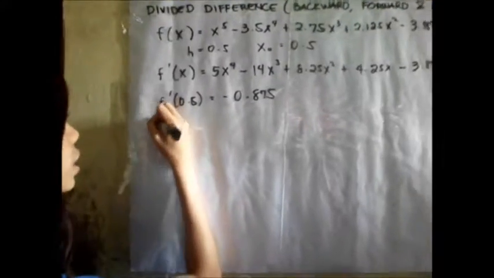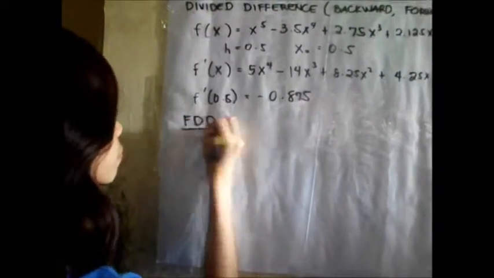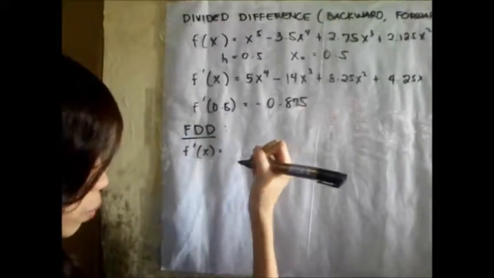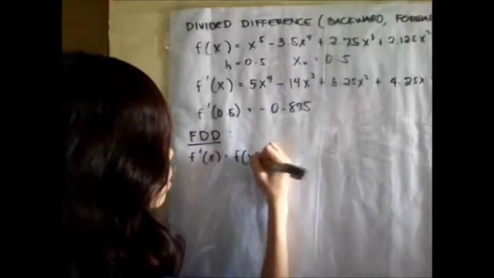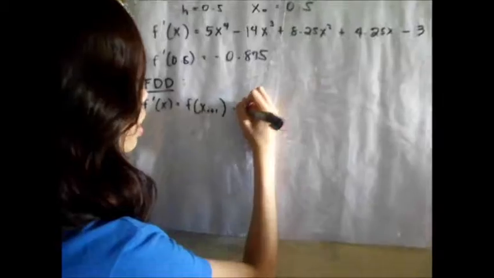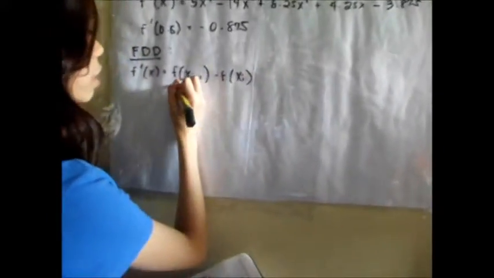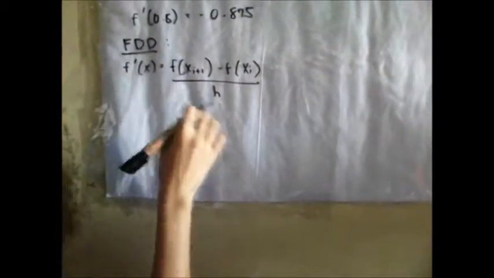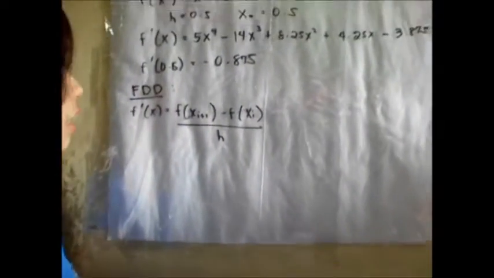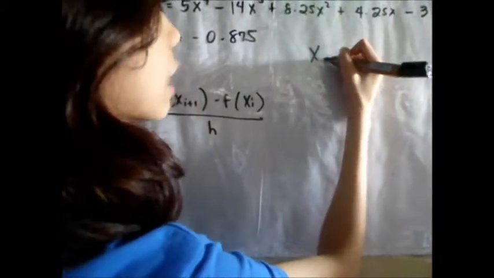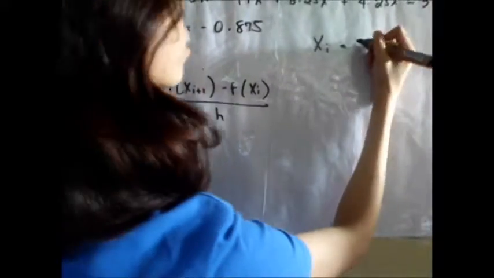So for the forward divided difference, we have the formula f prime of x is equal to f of x sub i plus 1 minus f of x sub i, all over the step size, or h. So in the forward divided difference, we can find the x sub i plus 1. Again, we have the x sub 0, so it serves as the x sub i.